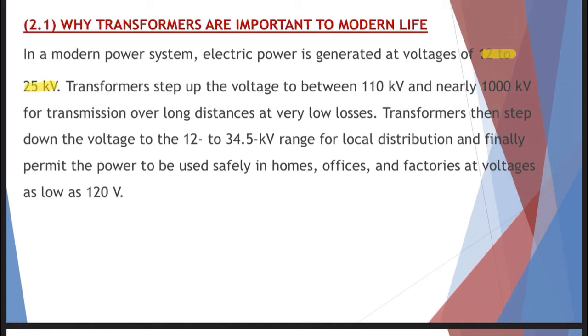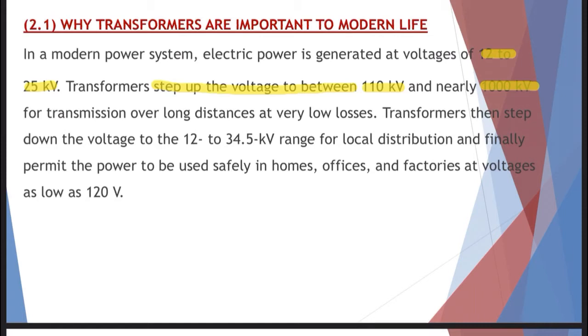Transformers step up the voltage to between 110 kilovolts and nearly 1000 kilovolts for transmission over long distances at very low losses. Then transformers step down the voltage to how much?